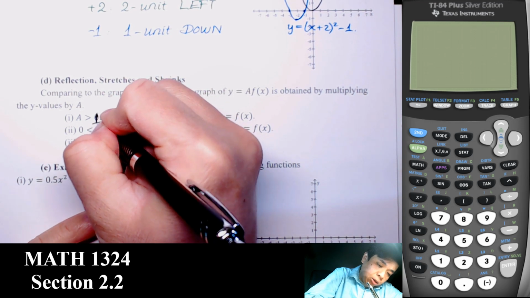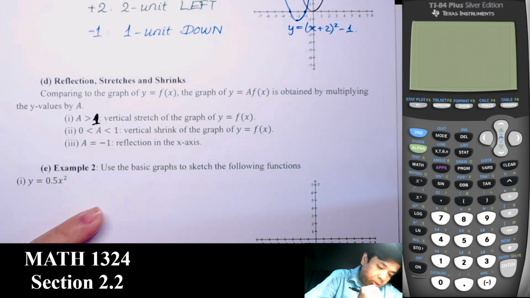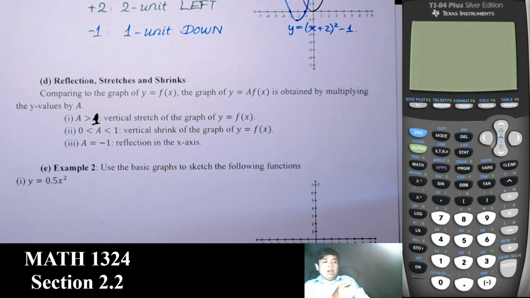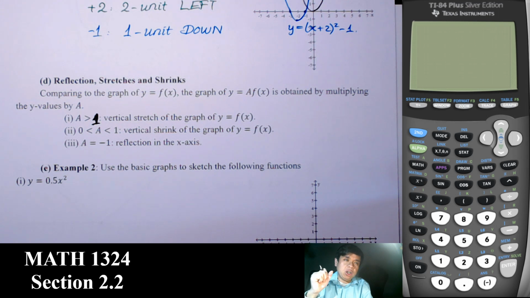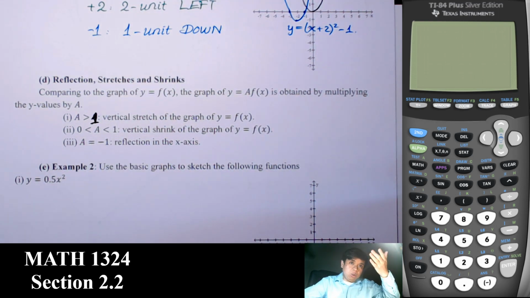Sorry, it's bigger than 1, there's a typo here. If less than 1, it's going to shrink, so you don't have to memorize that. Just in the English language, if we make something bigger, that means we stretch. If we make something smaller, we shrink. And if it's -1, it will be a reflection, so just flip it upside down. So getting bigger, stretch; getting smaller, shrink. Just keep that in mind.